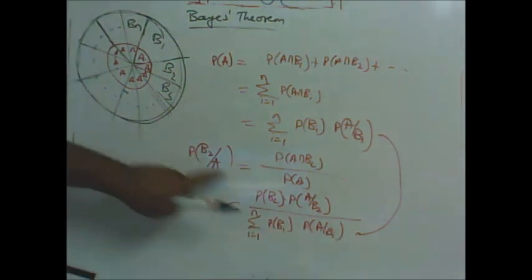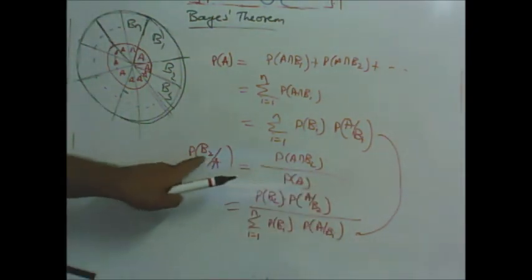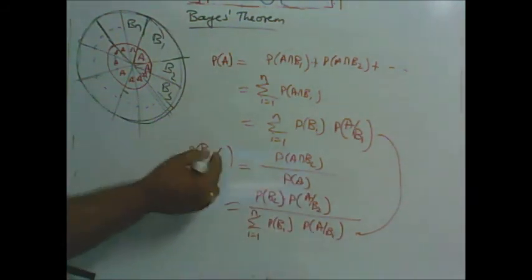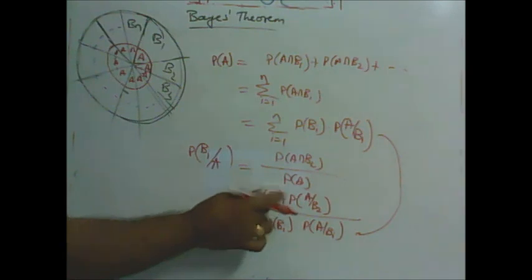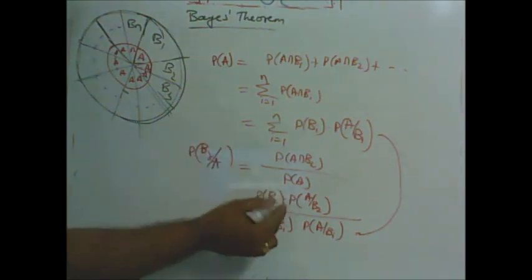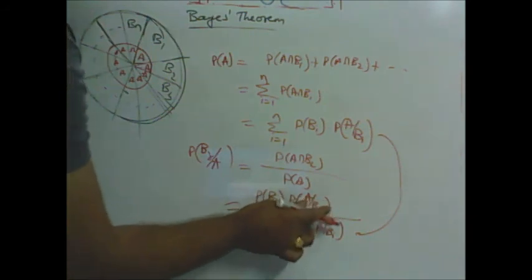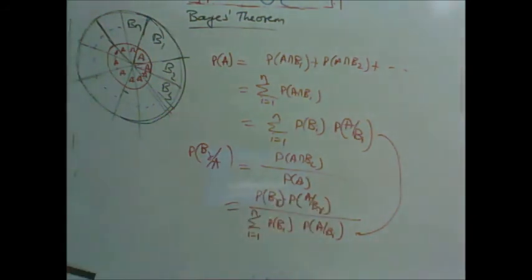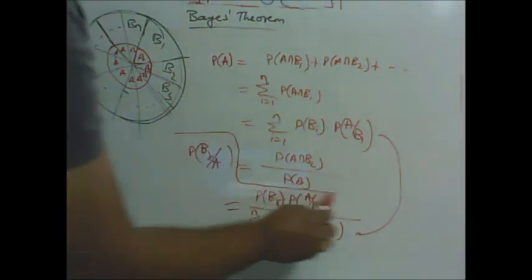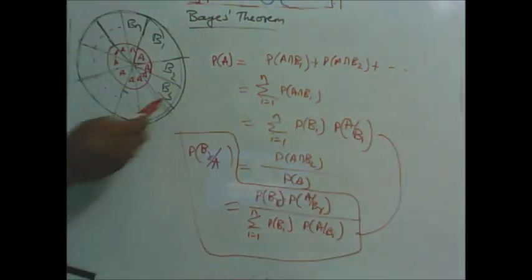Since it is B2, here it is B2. If it is B1, it will be B1. Whatever it is, if it is the ith one, then this will also be i, or say Br, the rth event. This is the formula for Bayes' theorem.